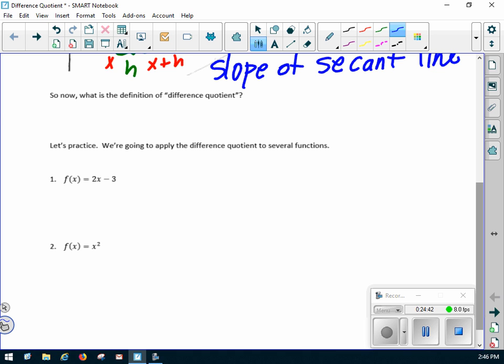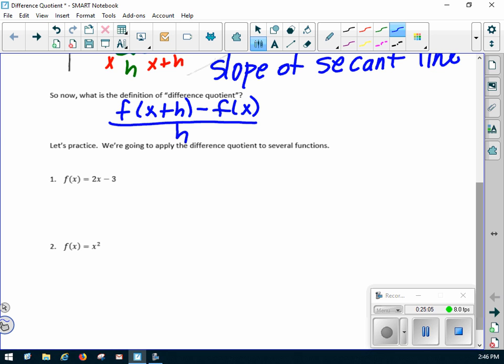Yeah, I don't have a song. So, what is the definition of a difference quotient? f of x plus h minus f of x over h, which is the slope of the secant line to a curve.